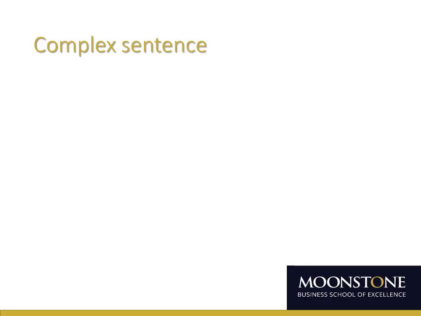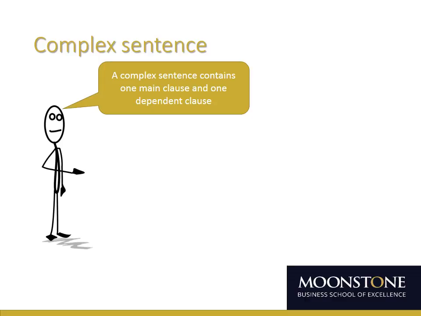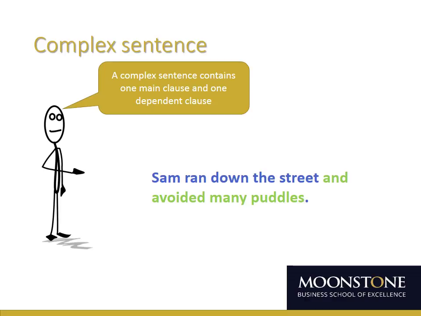A third type of sentence structure is a complex sentence, which contains one main clause and one subordinate clause, or a dependent clause. Let's look at this example. Sam ran down the street and avoided many puddles. The independent clause is Sam ran down the street, and the dependent clause is avoided many puddles.